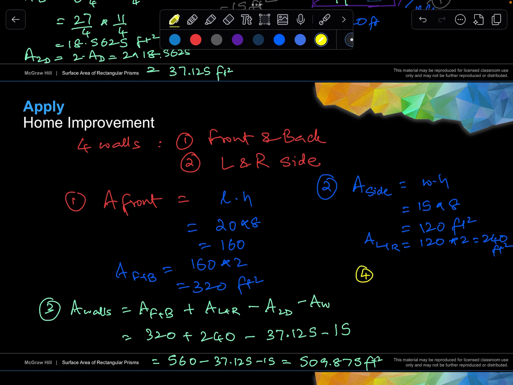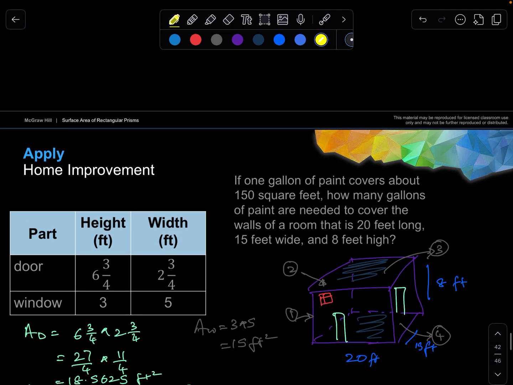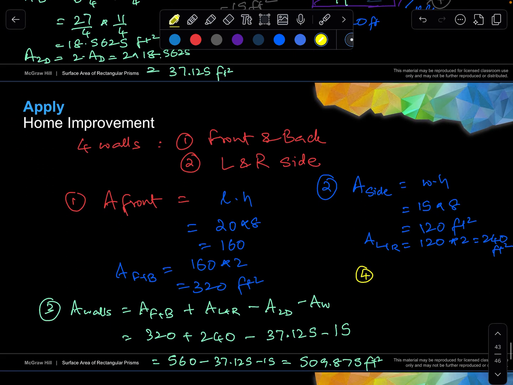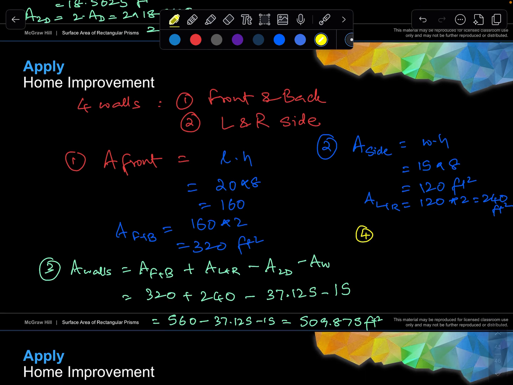And now on to my last step, which is step 4. I know I'm doing this all over the place because there's not enough space, but look at how I'm labeling the steps: step 1, step 2, step 3, step 4. Last, 1 gallon of paint covers 150 square feet. How many gallons do we need to cover 509 square feet? I know 1 gallon covers 150 square feet.